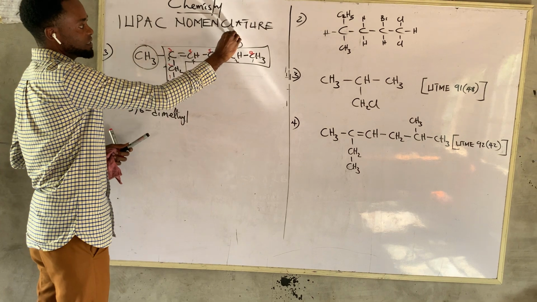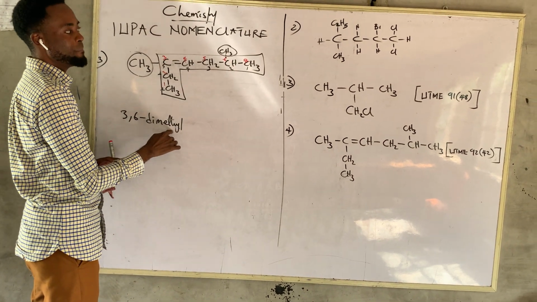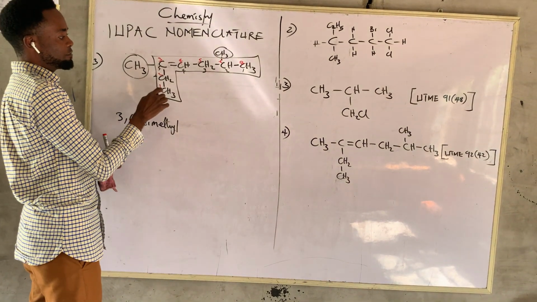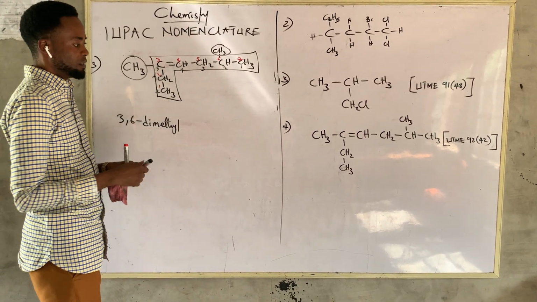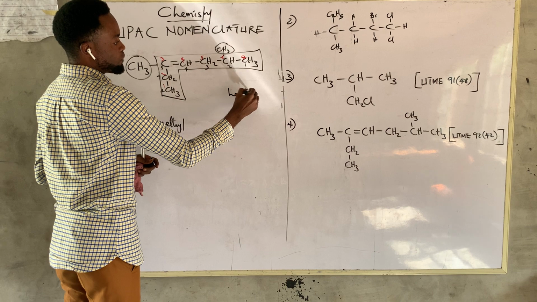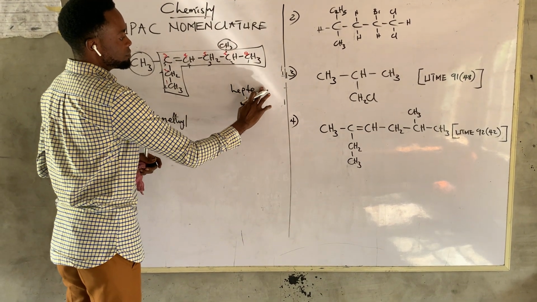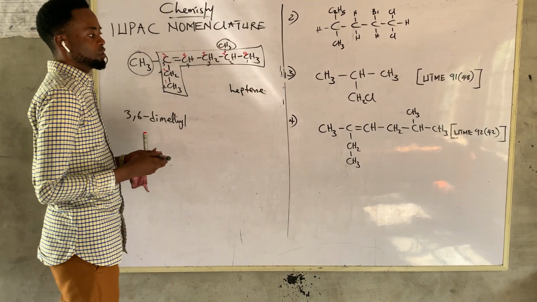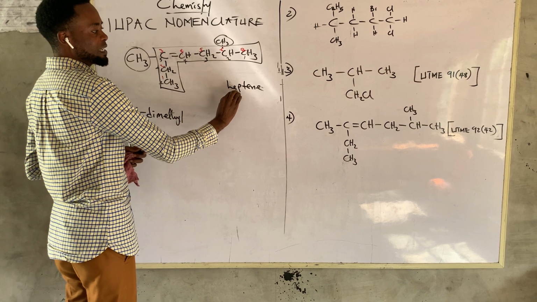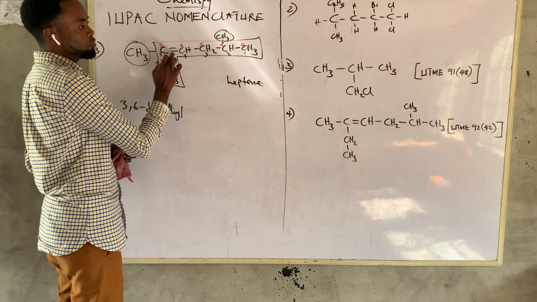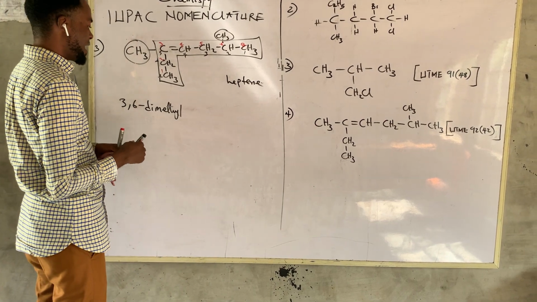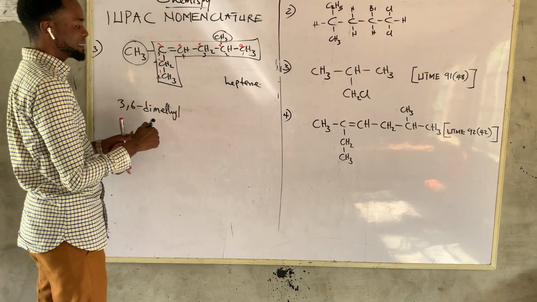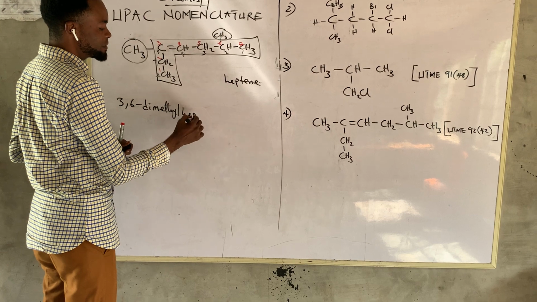So 3,6-dimethyl, then 1, 2, 3, 4, 5, 6, 7, which is heptene. Having 7 carbons, hept, then having a double bond, ene. So with this, we have 3,6-dimethyl hept.